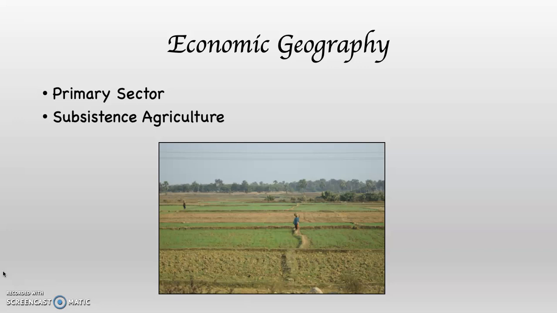First of all, subsistence agriculture. Now, I think you can look at that word subsistence and kind of figure out what this is about. Subsistence agriculture is what it sounds like it is. That means that the farmer is producing food for his or her family specifically to consume, to eat. Now, this does not mean that some of the food that gets produced on a subsistence farm doesn't end up being bartered or traded or sold, but it's all going to be done very locally.